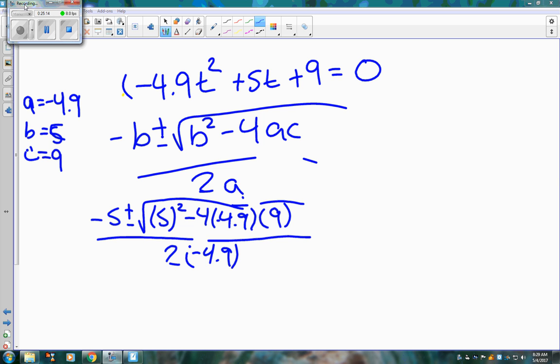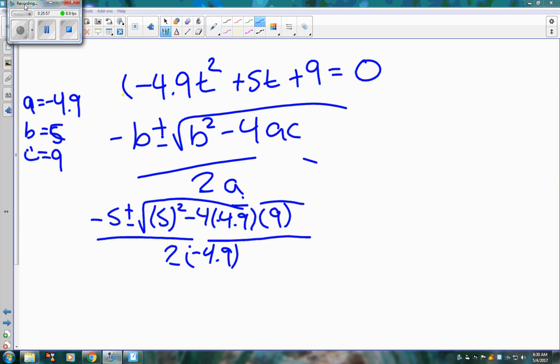Alright, so you're going to do 5 plus the second answer and divide by 2a. So 2 times negative 4.9. Alright, so that doesn't work. So I'm going to delete. So now I'm going to do 5 plus second answer. 5 minus second answer gives me that.